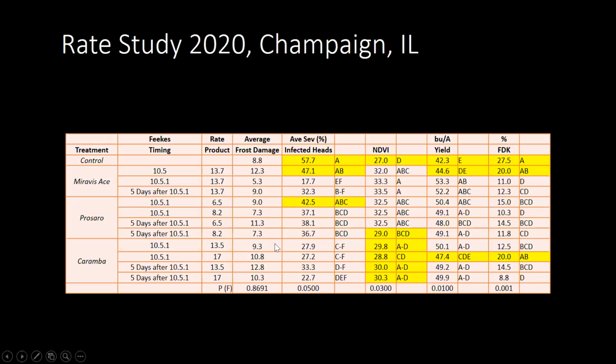You can go in with the low rate and you're pretty much going to work out at a similar level as you would at the high rates. And that's kind of holding true again with some of the yield data as well that you can see here. But again, always doing better than our non-treated check for the majority of these treatments.